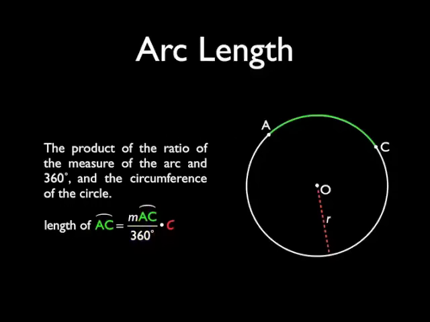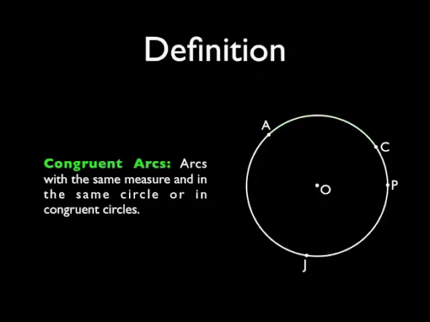Now that we know about arc measure and arc length, we can talk about congruent arcs. Congruent arcs are arcs with the same measure and in the same circle or in congruent circles. The part about being in the same circle or congruent circles means that the circumferences of the circles are the same, therefore the lengths of the arcs will be the same as well.